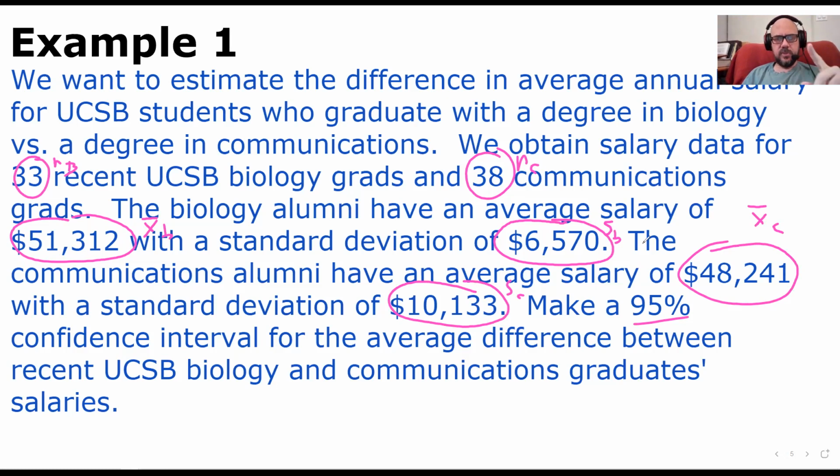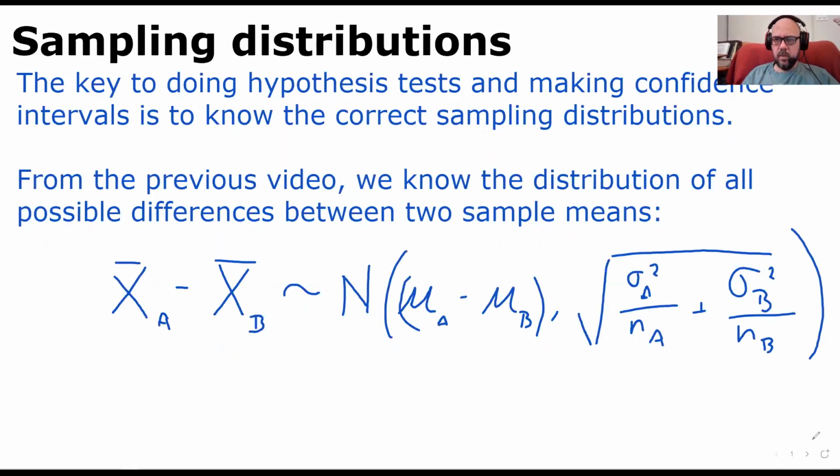Okay, so let me go back a little bit here. So here is the sampling distribution for the difference between two normal sampling distributions, right? This is the distribution of all the possible differences.